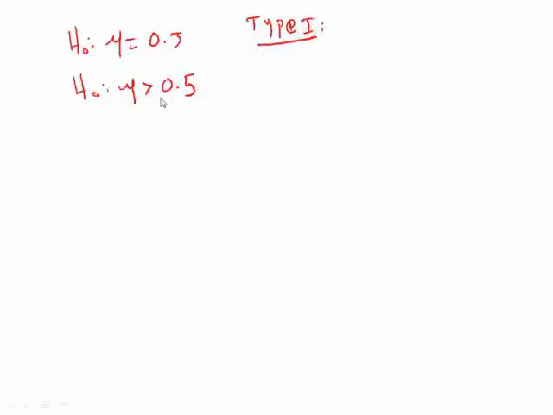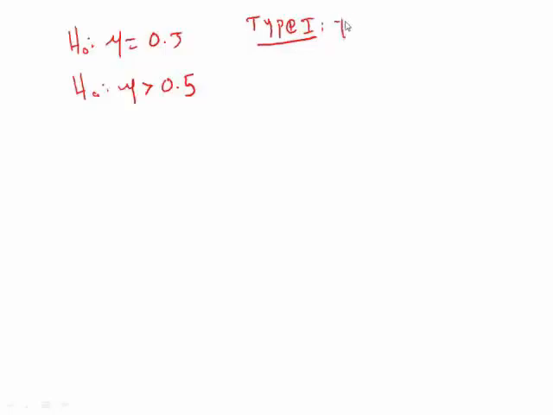Alrighty. Well, for this one, I came up with the following. For the null hypothesis, I came up with mu equals 0.5, and for the alternative hypothesis, mu is greater than 0.5. For the type 1 error, we are saying that the alternative is true.